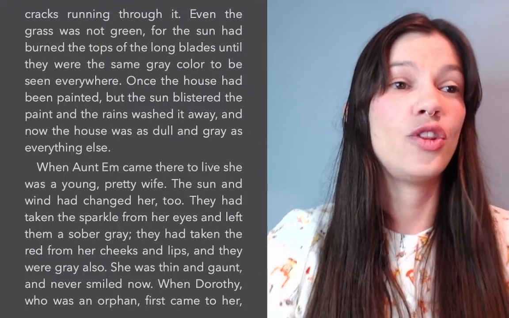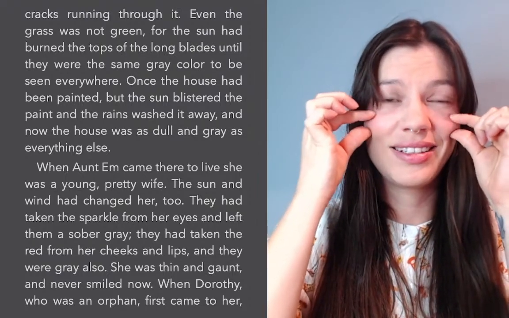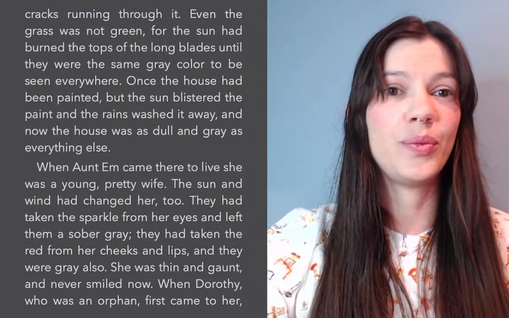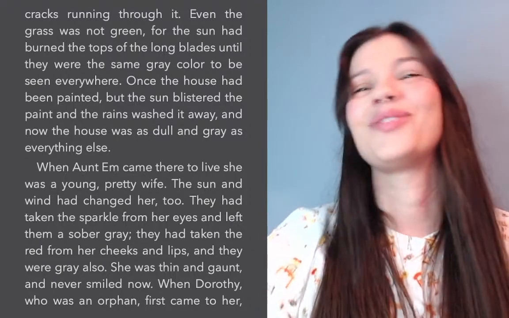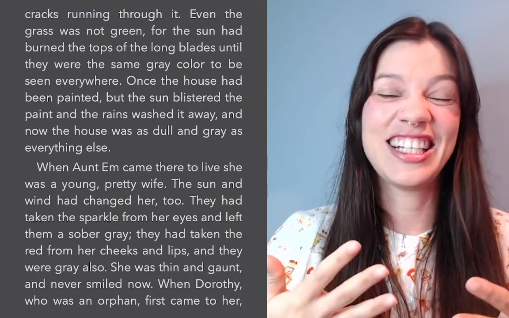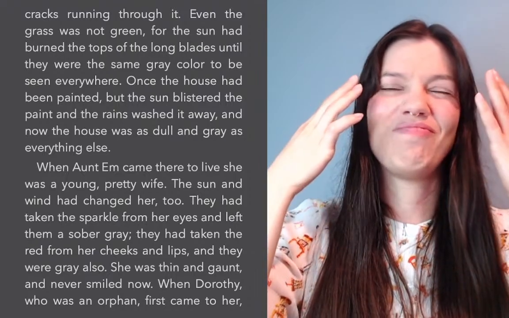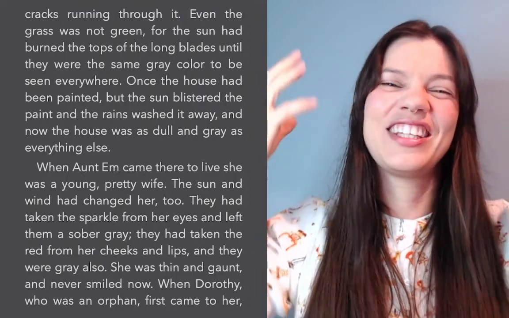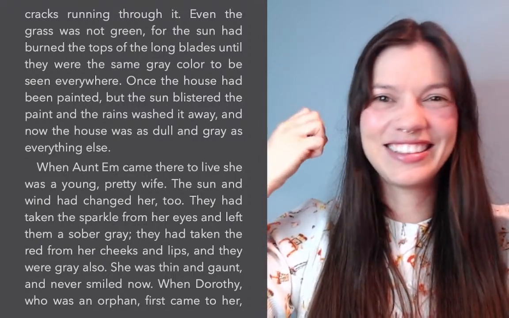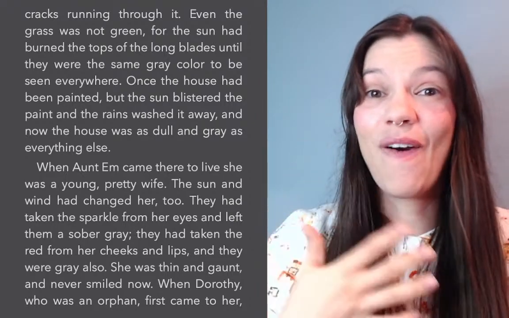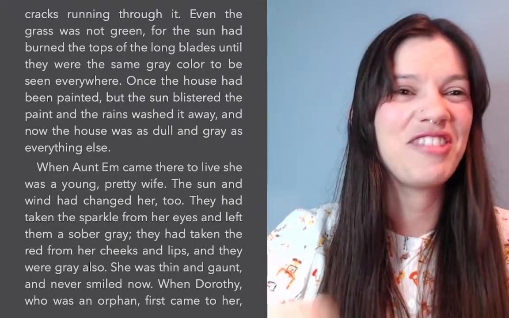They had taken the red from her cheeks and lips, and they were gray also. So again, he's just telling us it's kind of a hard life. There's not much color. The sun is hard and difficult. And it's affecting how everything looks. Everything is gray.